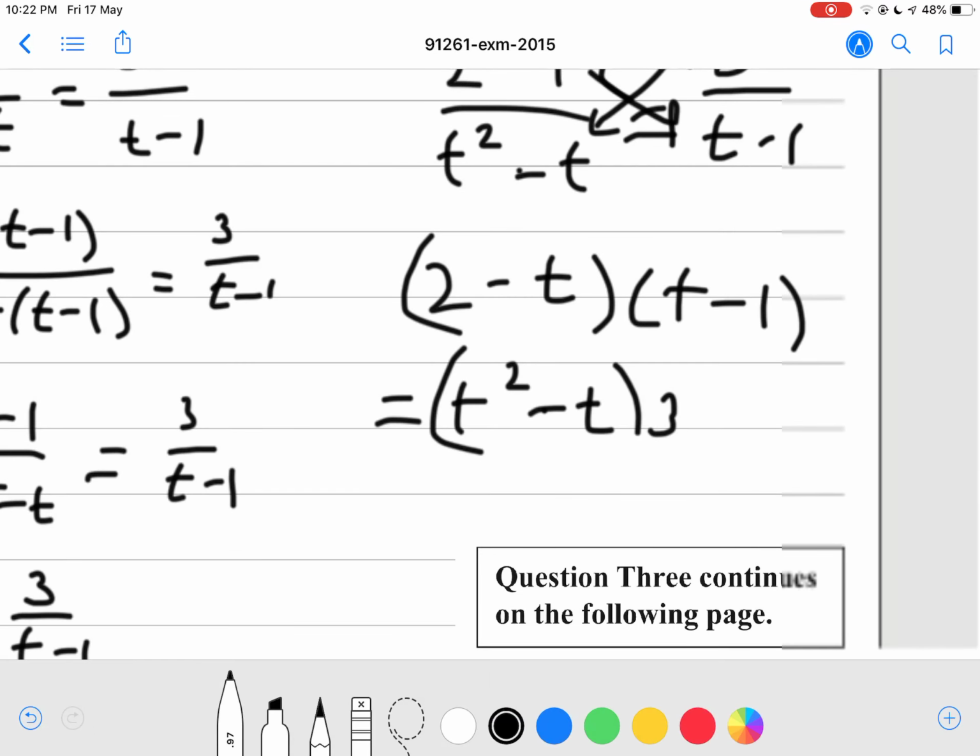Simplifying this, we're going to get negative t squared, positive t, positive 3t, and negative 2 equals 3t squared minus 3t.